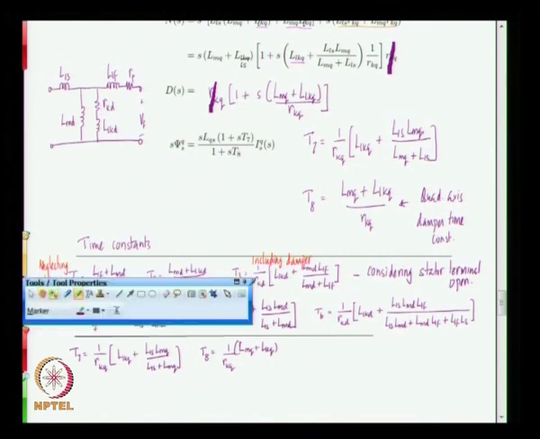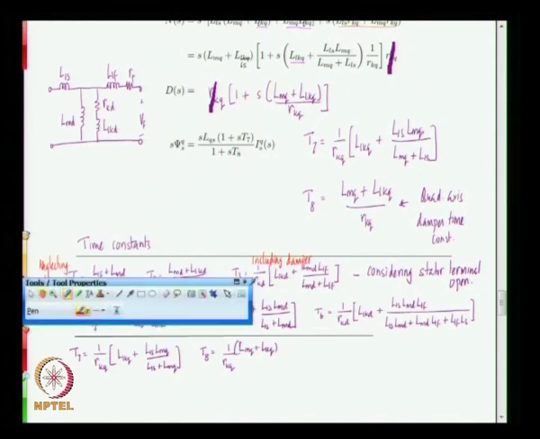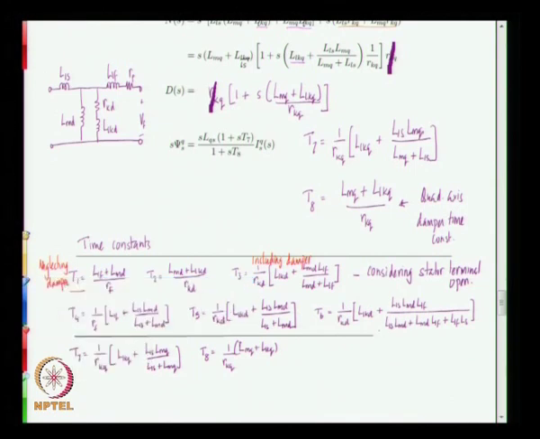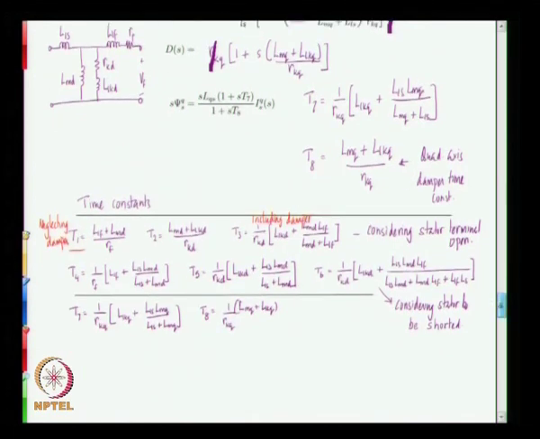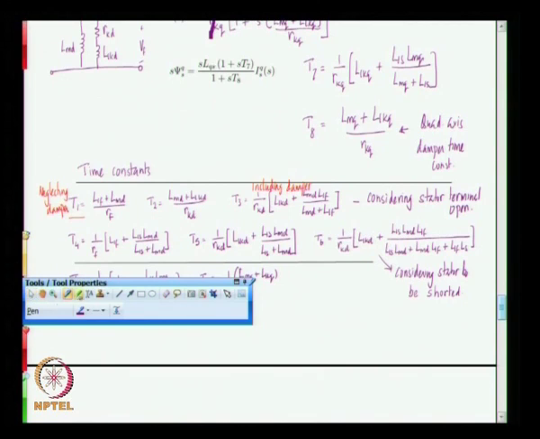So, these terms are derived by considering the stator to be shorted, and similarly T5 also can be written that way.